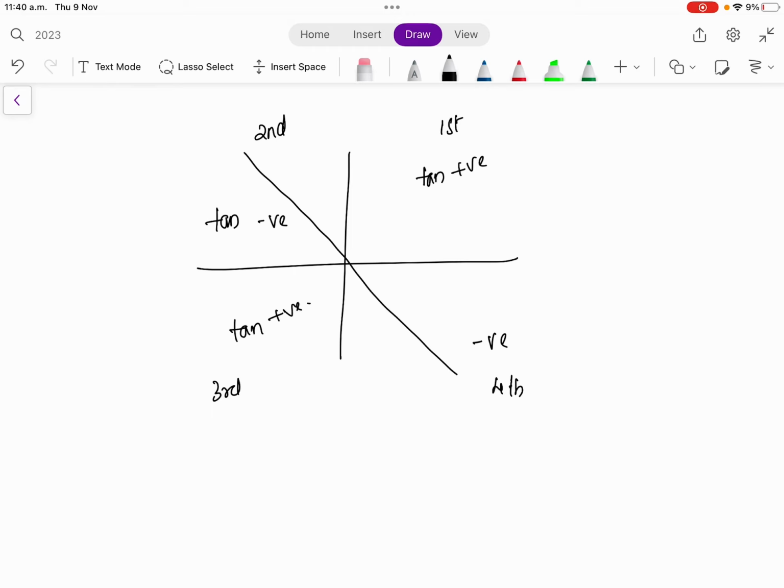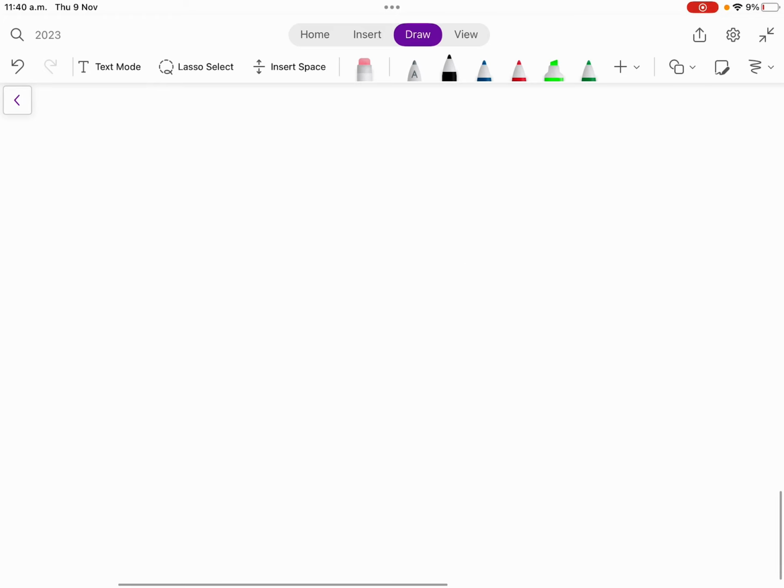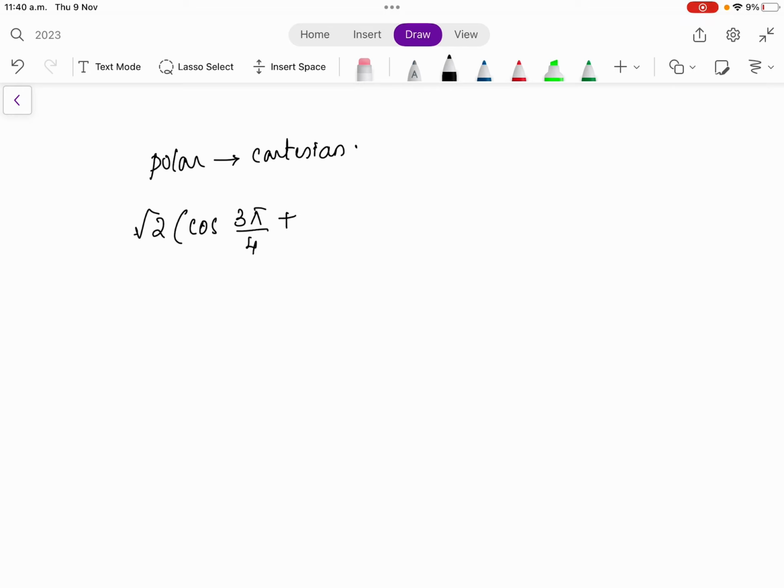Okay, so let's see some more questions. Let's take an example of writing from polar form to Cartesian. That is pretty easy. If you have root 2 into cos 3 pi over 4 plus i sine 3 pi over 4, you need to find the values of cos 3 pi over 4 and sine 3 pi over 4, and then directly substitute them.